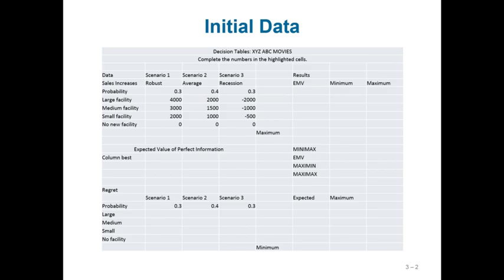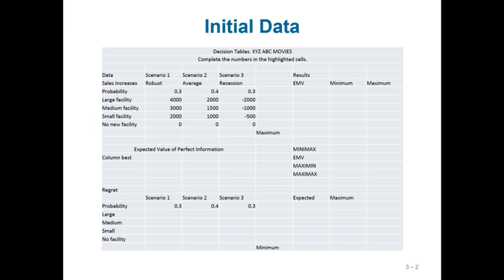And they have different probabilities for each of those: 30% chance there will be a robust economy, 40% chance for an average economy, and 30% chance that there'll be a recession. And there are different outcomes for each of those. I've made the numbers relatively simple just for us to use in this example, and you can see what those are there on the screen for yourself.